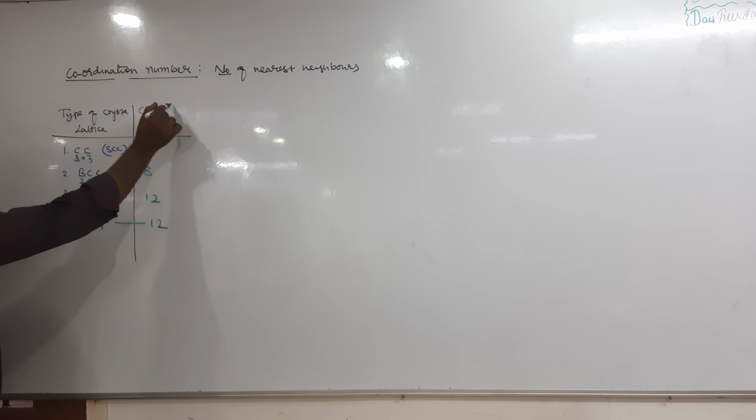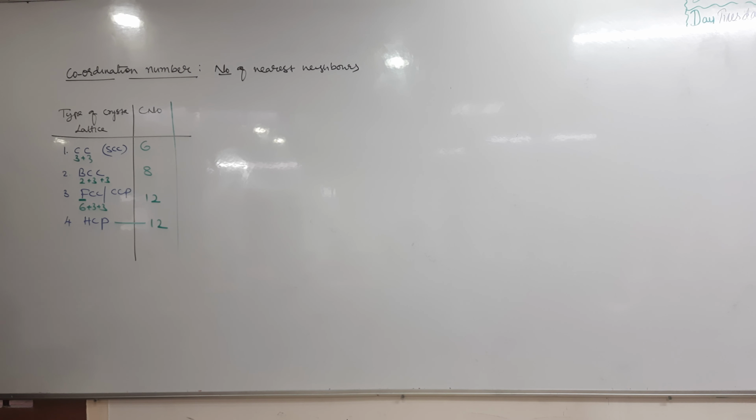Okay. And moreover, remember, the coordination number of simple cubic crystal is 6. Why is it 6? 3 plus 3? It is not because of 3 plus 3. This is a simple calculation trick which you can remember easily, that's it. I told you these coordination number values are practical values.